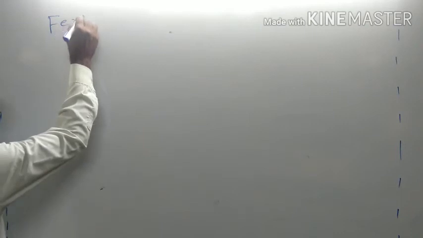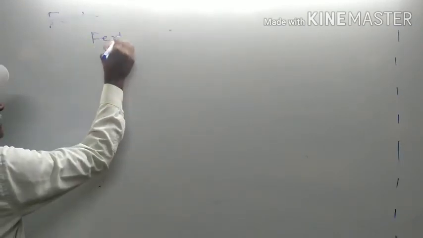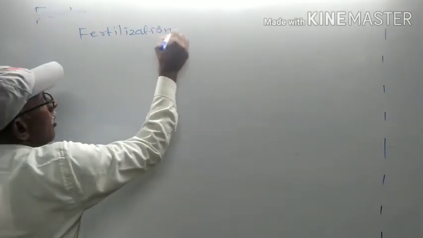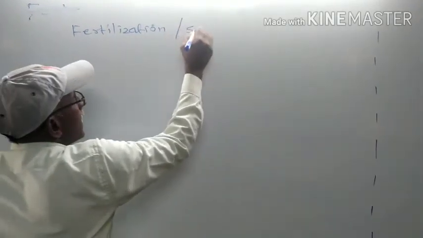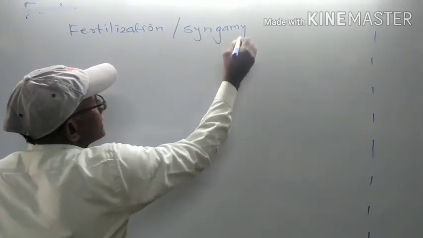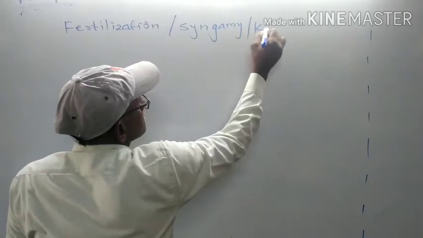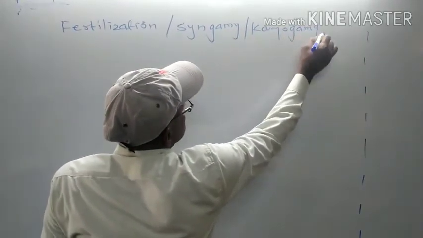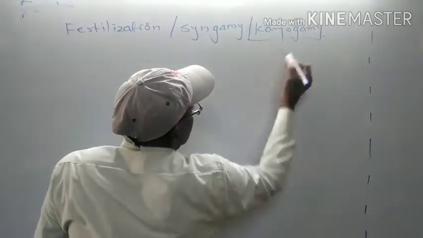So, we will see the next point, fertilization or syngamy. Also it is called karyogamy. What is karyogamy? Karyon means nucleus.